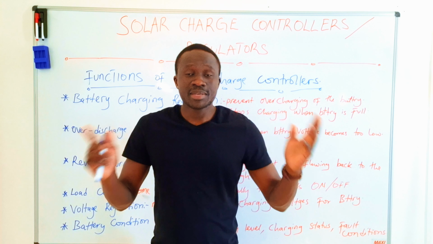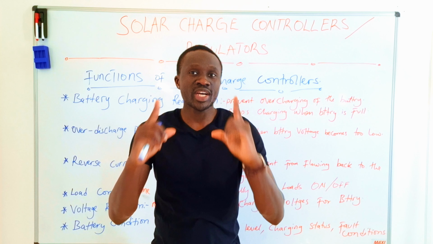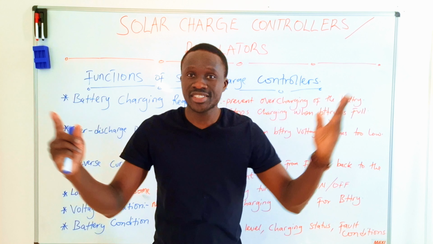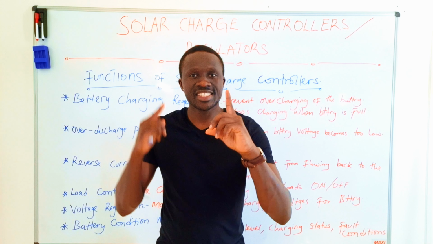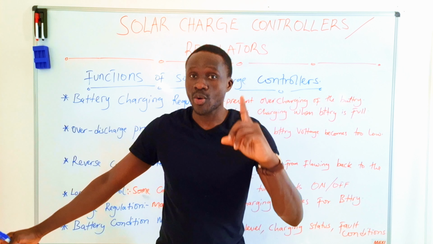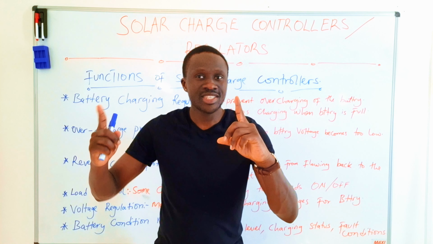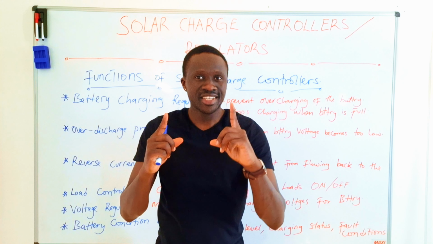Don't say that the system has failed. No, it is the work of a regulator. It is trying to save your TV, your lights. Okay? Then you wait, give it time, for it has detected automatically that the voltage in the battery is low and has disconnected all your loads. Okay? It is automatic, digital.